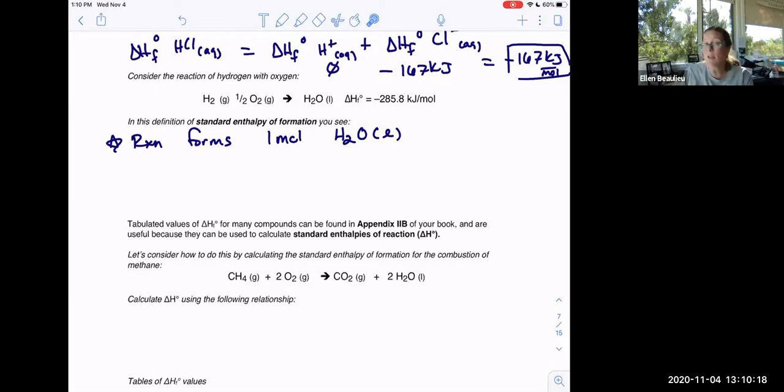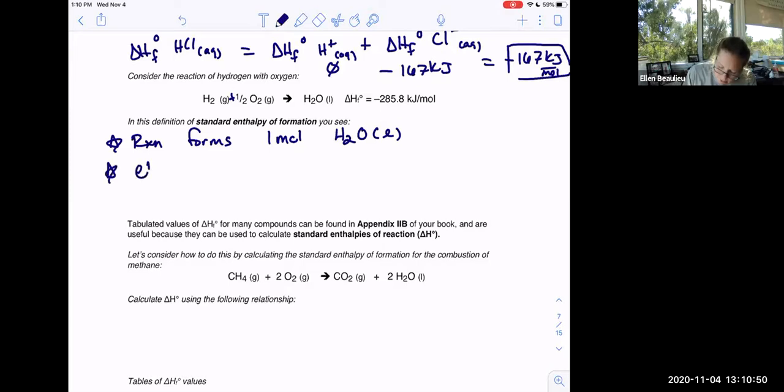The definition of standard enthalpy of formation is the amount of heat required to make 1 mole of that thing from elements in their standard states. Remember, this delta H is proportional to all the molar coefficients that are in that reaction. So when you see delta HFs and the reactions that go with them, you're going to get some half coefficients because of that definition.